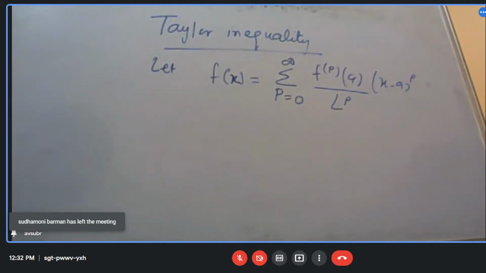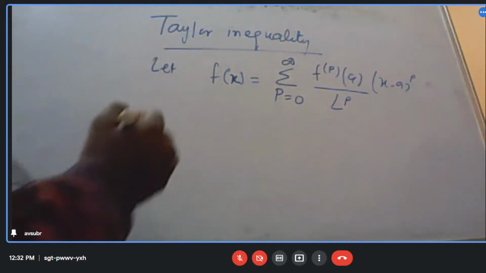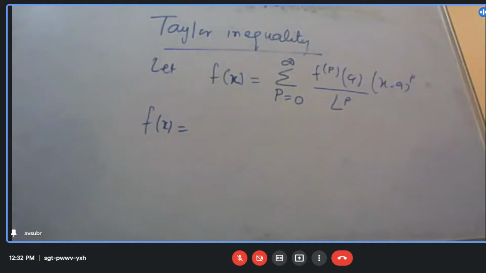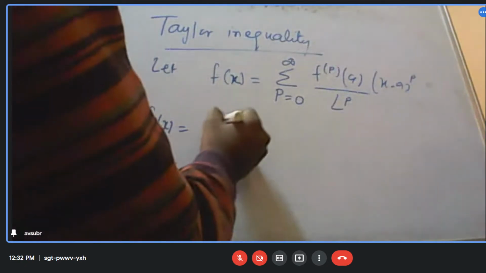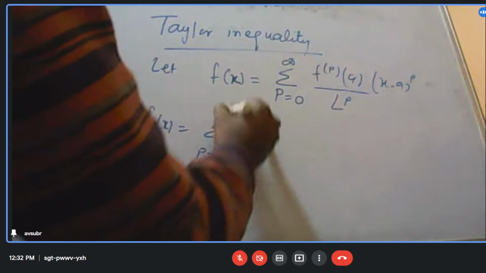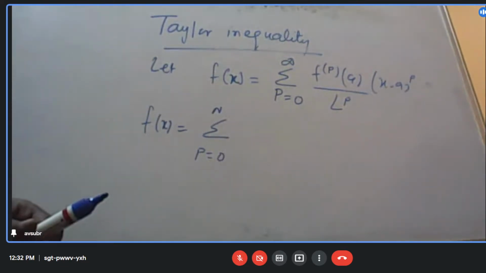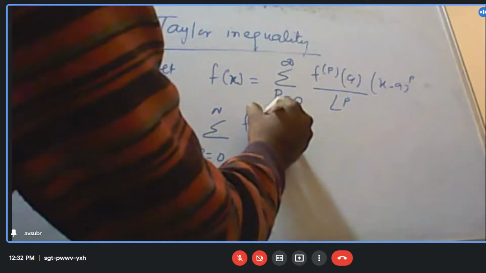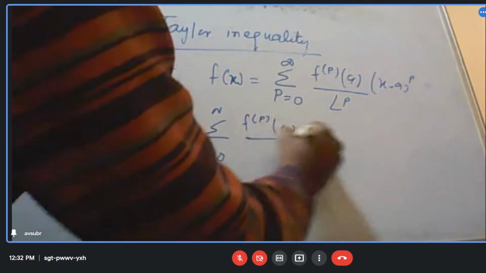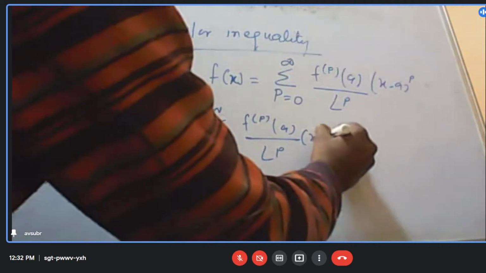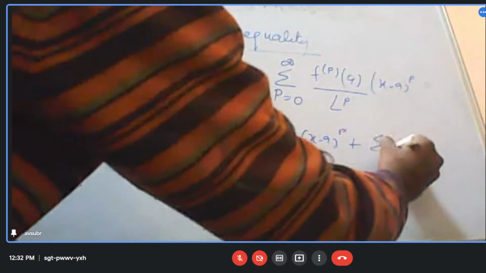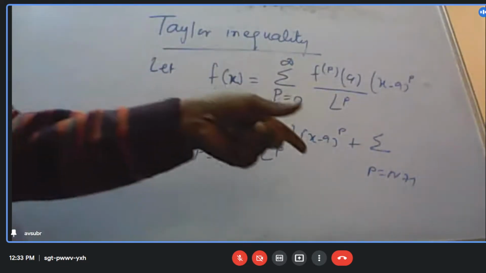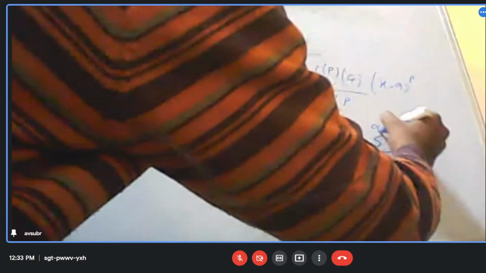Now what I do, that the same Taylor series I divide into two. One runs from p equal to 0 to, let us say, n, and another has terms ranging from p equal to n plus 1 to infinity.